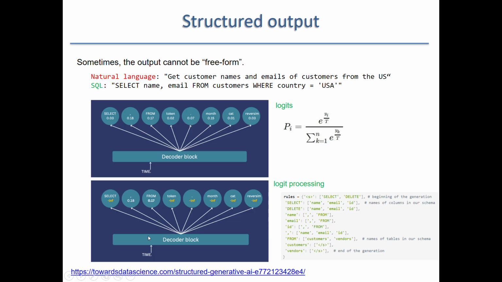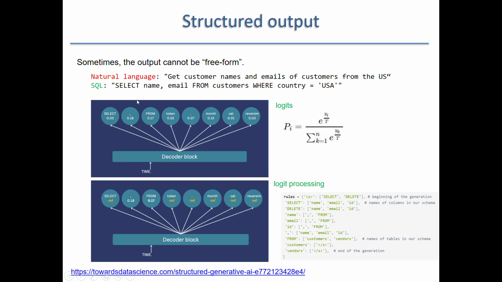So let's say that at this point we are here in time. These are the possible outputs, but then after processing with the rules, some of the words are excluded. So now we have only 2 possibilities.